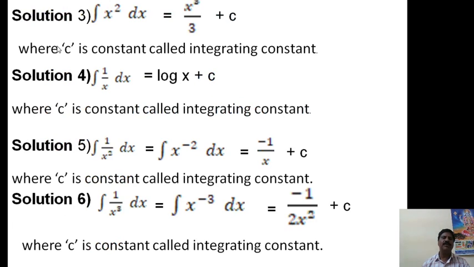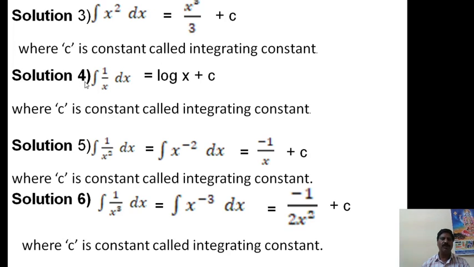Next, the third problem, the integration of x square dx. With the same formula, x to the power of 2 plus 1 divided by 2 plus 1 means x to the power of 3 divided by 3 plus c, where c is the integrating constant.